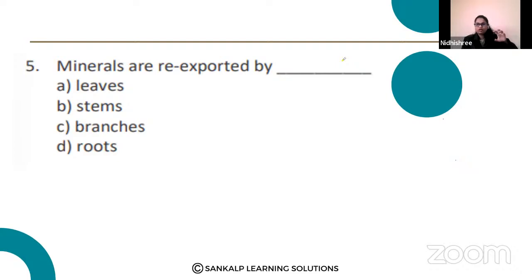So using that water, photosynthesis occurs by absorbing carbon dioxide. Then once the food is prepared, those minerals are again exported to all the parts of the plant body through the leaves, right? So the right answer here is option A, that is leaves.